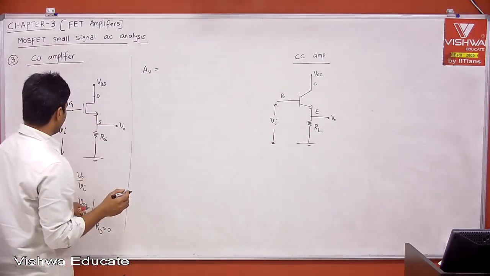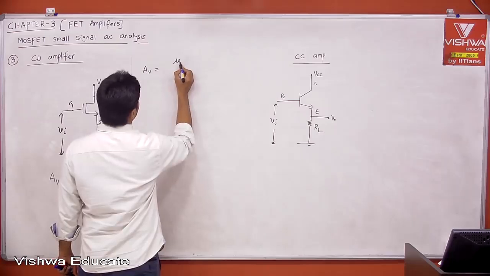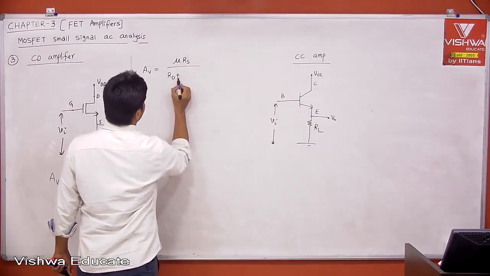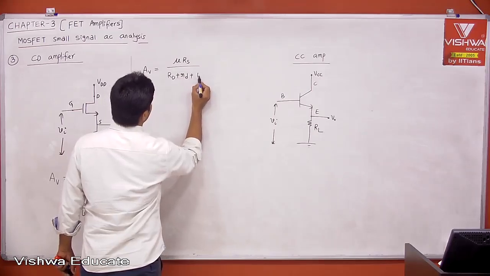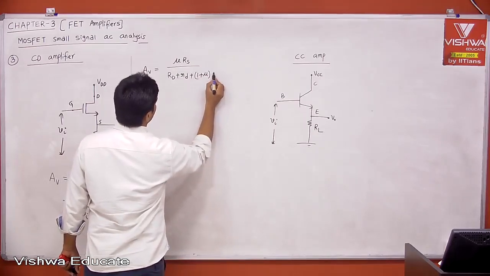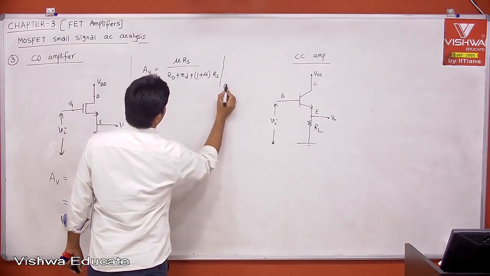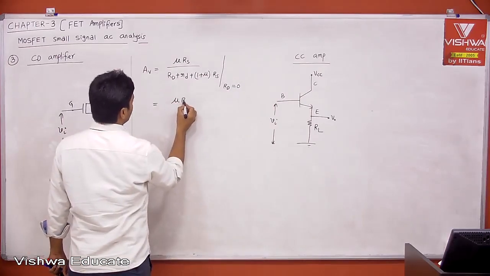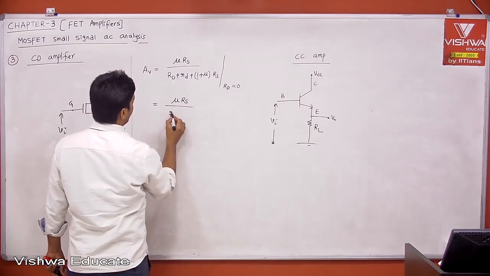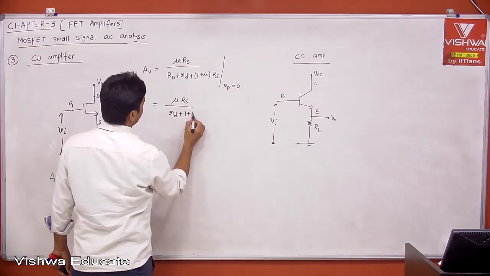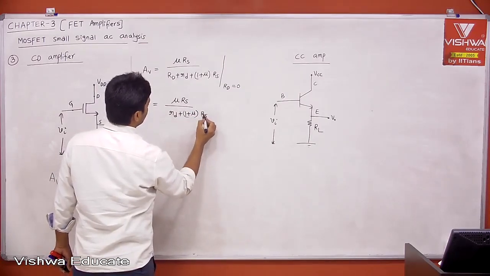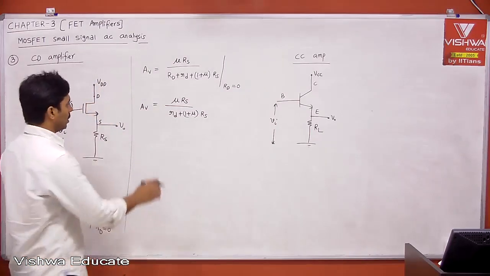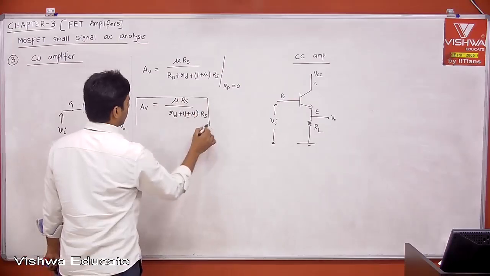AV is equal to mu into RS divided by capital RD plus small rd plus 1 plus mu into RS. But now we need to take RD equal to 0. When you take RD equal to 0, it is mu into RS divided by small rd plus 1 plus mu into RS. This is your voltage gain.